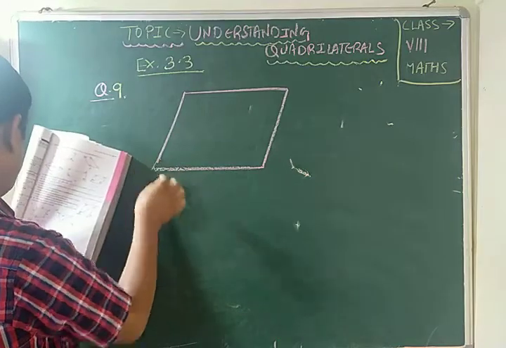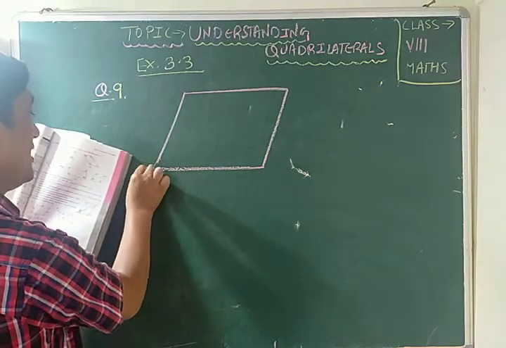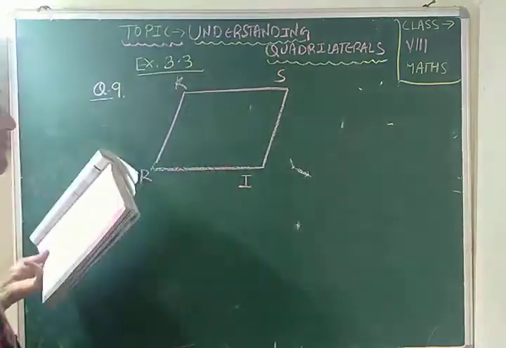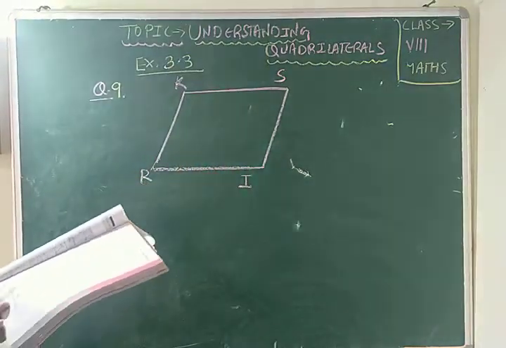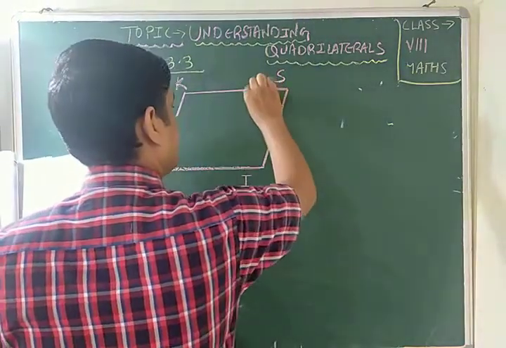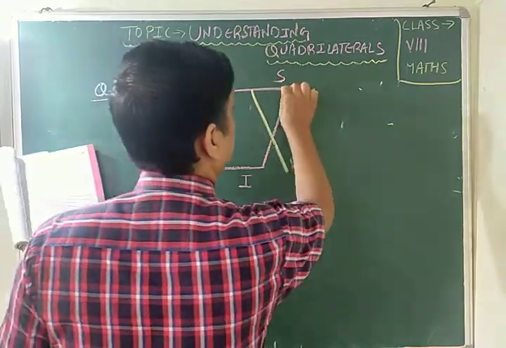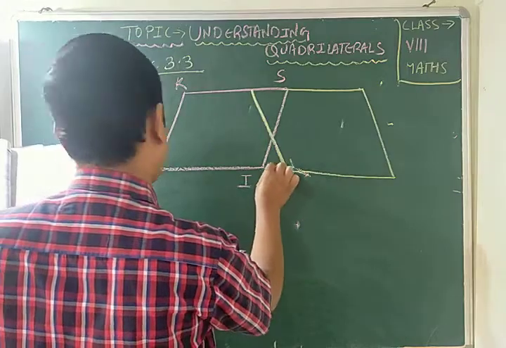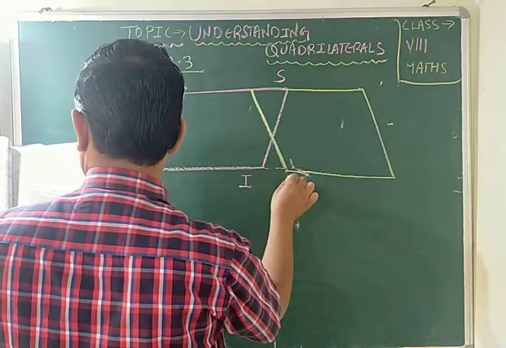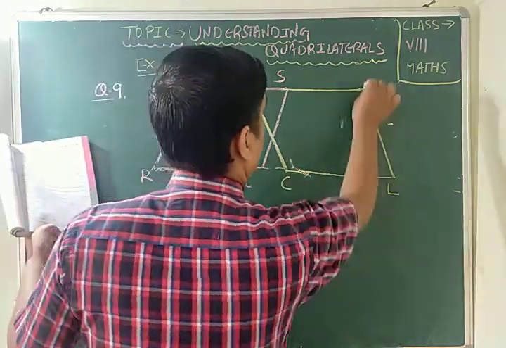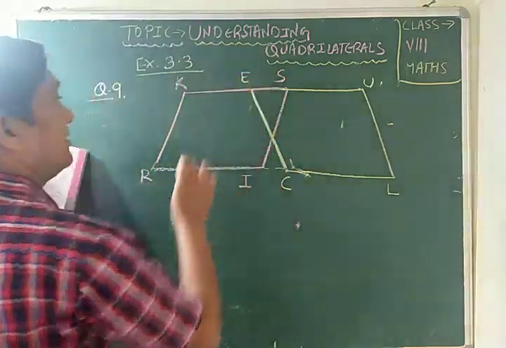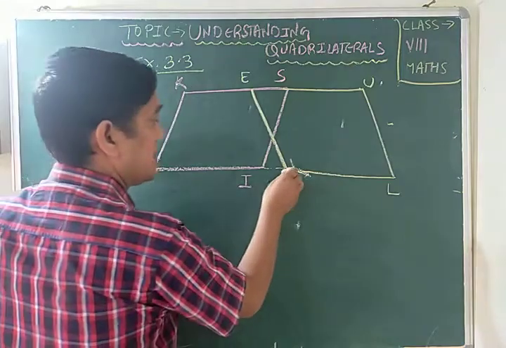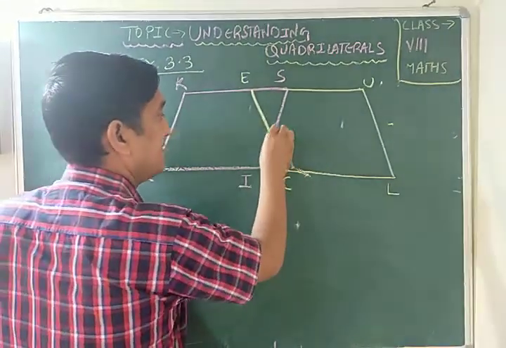This is the one figure, that is RISK, R-I-S-K. Now we have one more figure here, C-L-U-E. This is the second figure. These two figures intersect at this point.